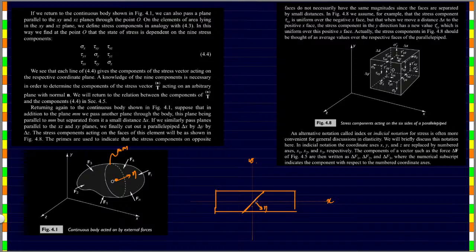In order to define all the stresses of this particular component, we will have to know the longitudinal x stress and the longitudinal y stress, and of course the shear stress.